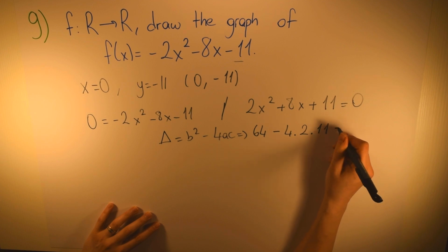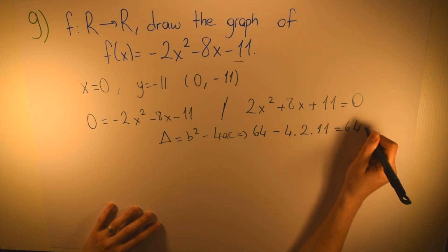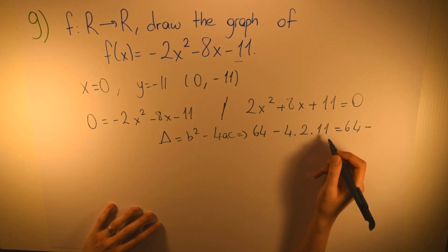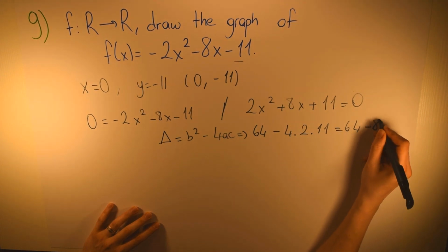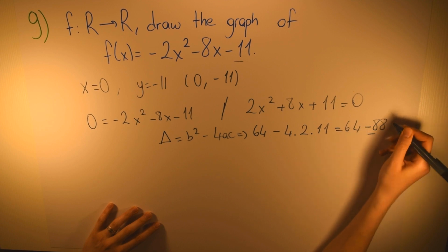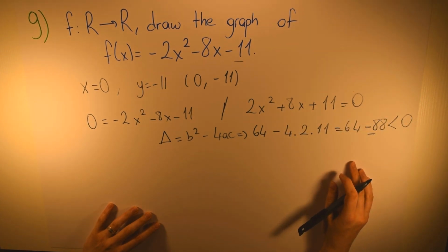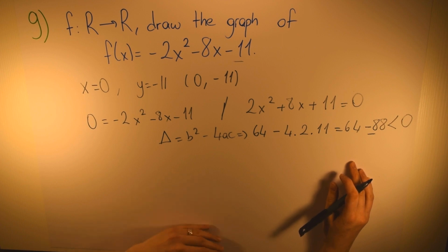So here, as you can see, this is 64 minus 4 times 2, it's 8, 8 times 11, it's 88. So this is something actually less than 0, which means our parabola doesn't intersect our x-axis, right? So we don't have any x values.